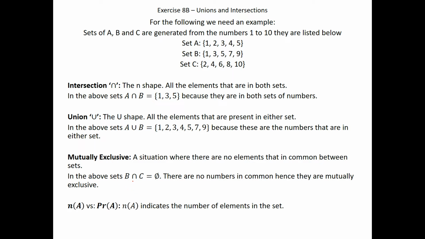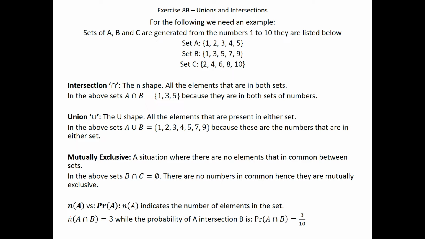Something else that can be a little bit confusing, you want to make sure you pay attention to, is whether your question is asking about the n of A or the probability of A. When you've got an n, it's talking about the number of elements in the set. If you've got a Pr or a P, it's about the probability of that.